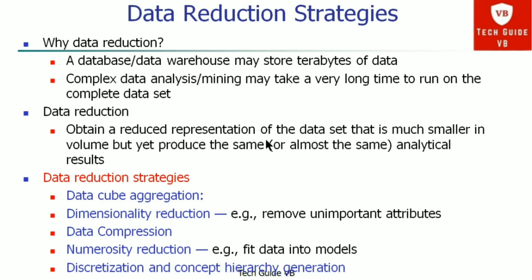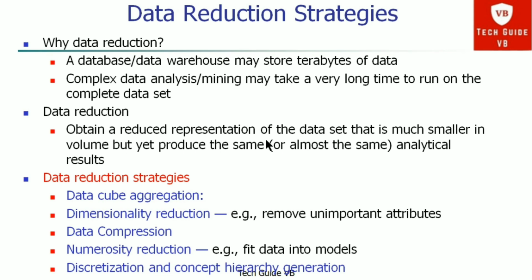Then we will see the data reduction strategies. What are the different data reduction strategies? First is data cube aggregation. Then second is dimensionality reduction, for example, remove unimportant attributes. Third is data compression. Fourth is numerosity reduction, for example, fit data into models.